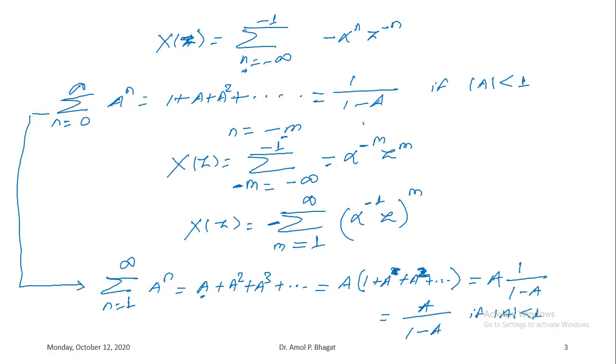So that means if summation limits are 1 to infinity, you can use this form, that is a upon 1 minus a. That means it will be alpha inverse z upon 1 minus alpha inverse z. So again I will rewrite this equation: x of z equals minus summation m equals 1 to infinity of alpha inverse z whole raised to the power m.